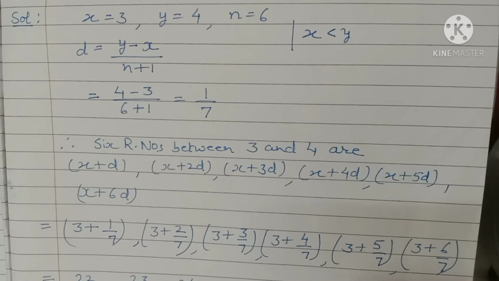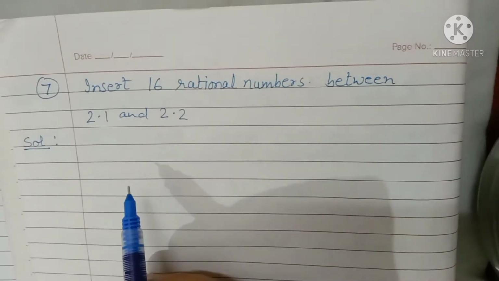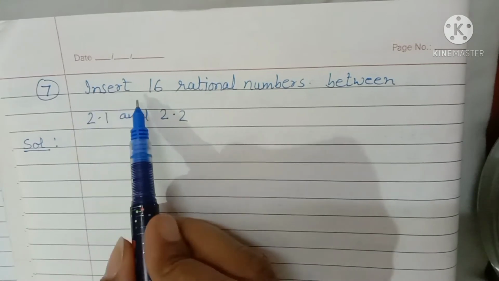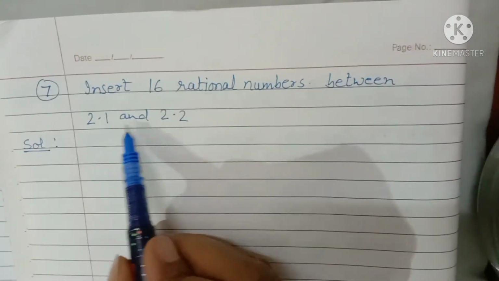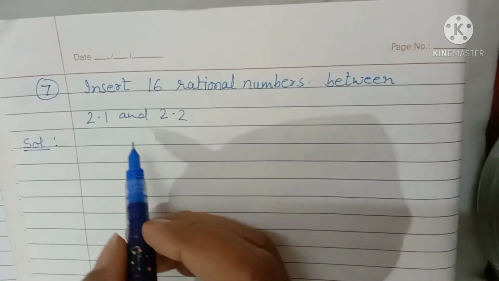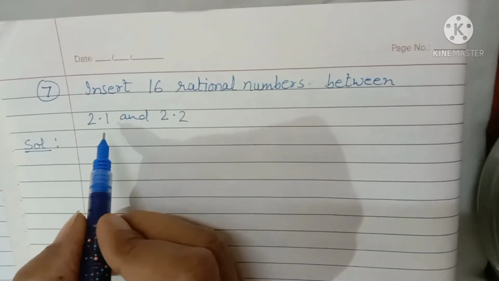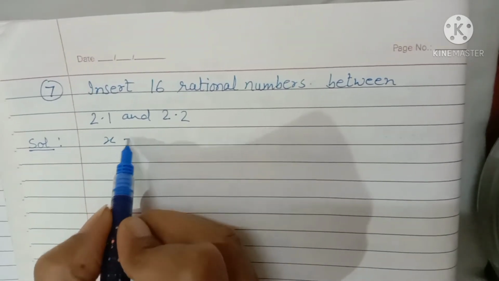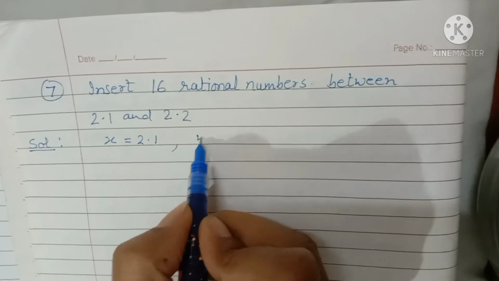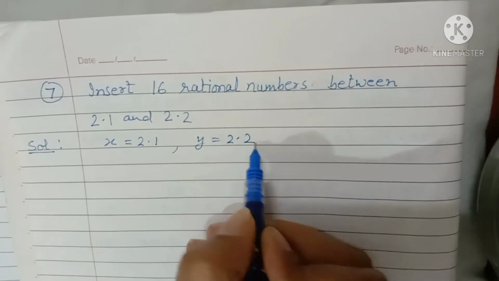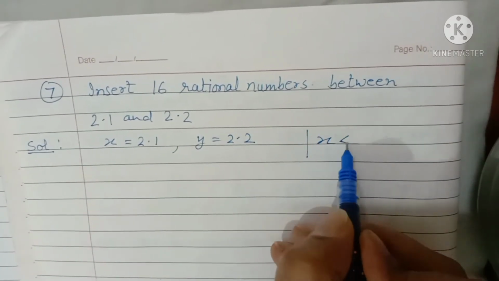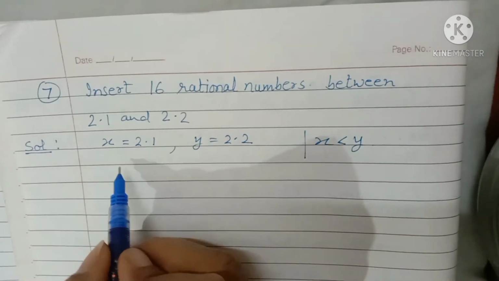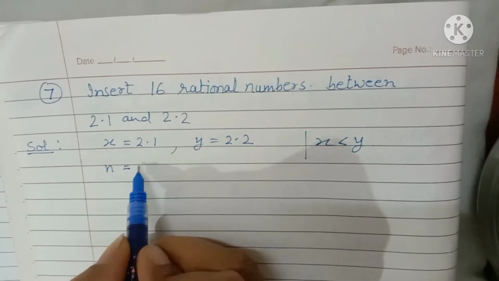Now the next question: insert 16 rational numbers between 2.1 and 2.2. So the solution will be x is equal to 2.1, y is equal to 2.2, because x is less than y. Now n will be 16.